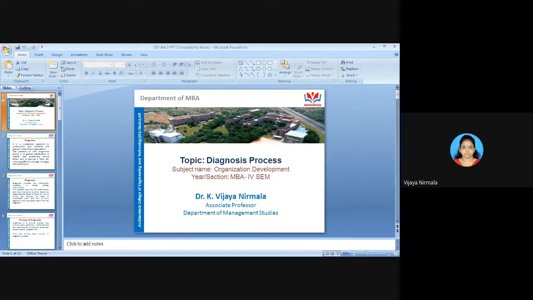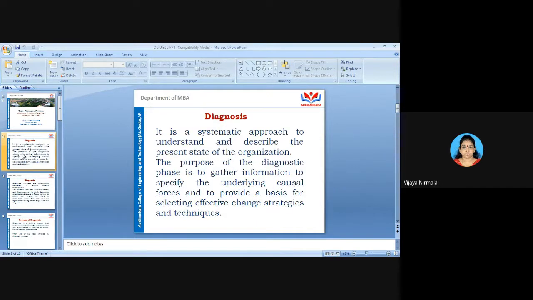And in today's session, let us see first of all what a diagnosis is. What is the meaning of diagnosis? Generally, in organization development, diagnosis is a systematic approach to understand and describe the present state of the organization.